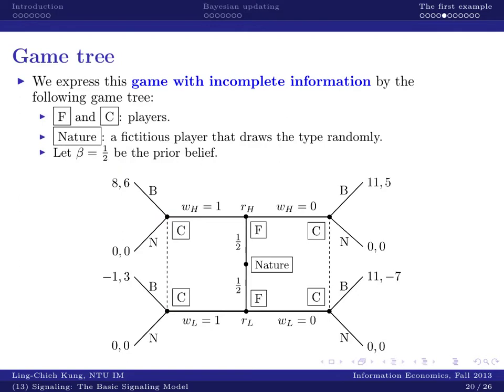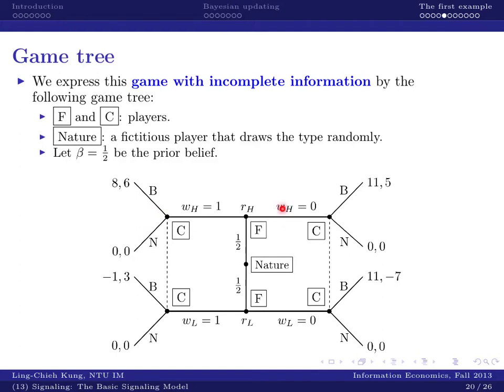The consumer knows it is either this one or that one because the consumer sees the warranty offer, but the consumer is not sure whether it is this node or this node. And then the consumer makes a decision, buy or not, and then they get utilities. The first one is the firm's utility, and the second one is the consumer's utility.